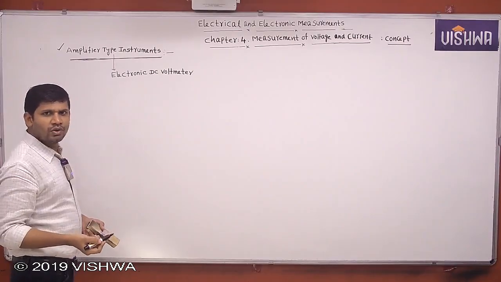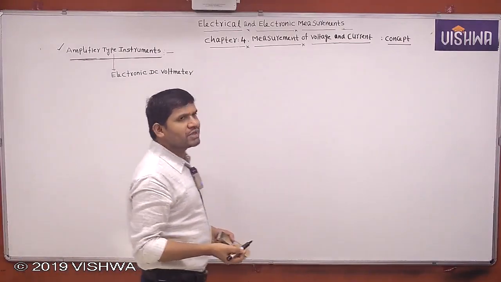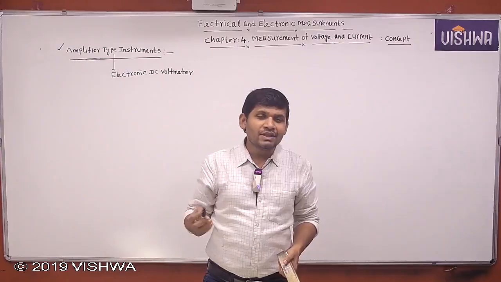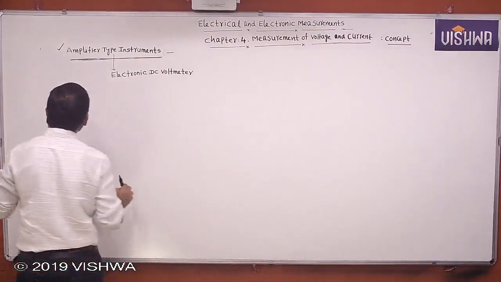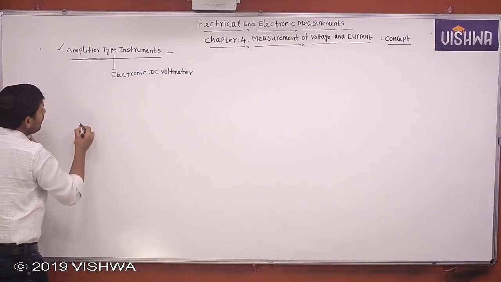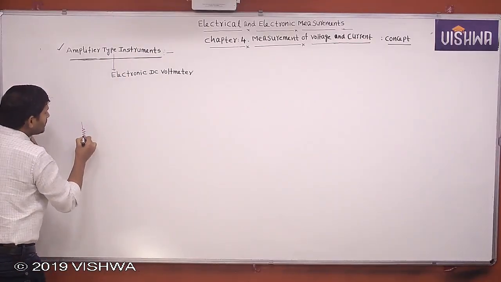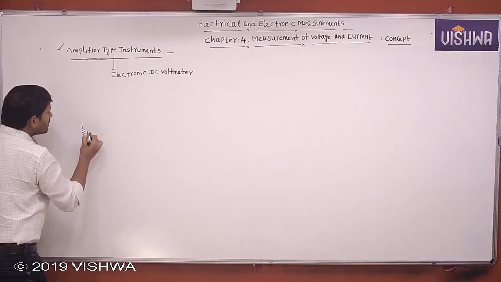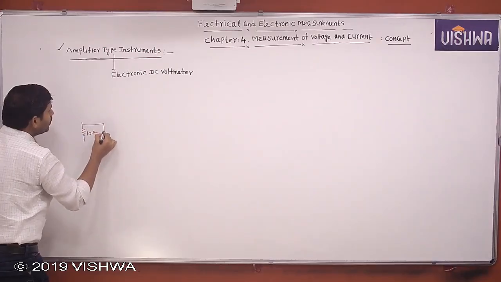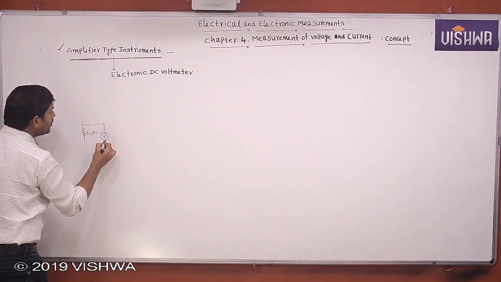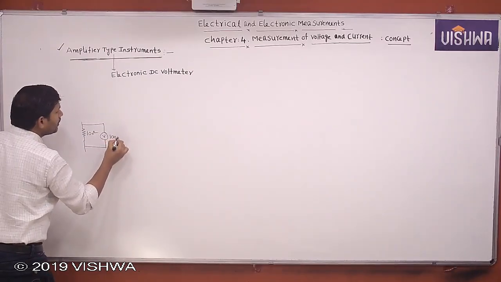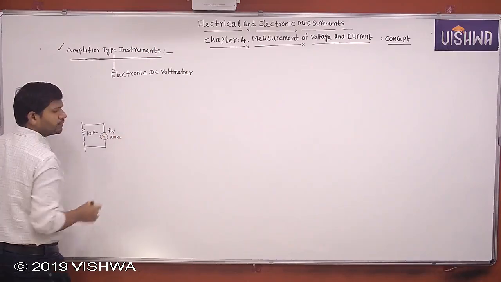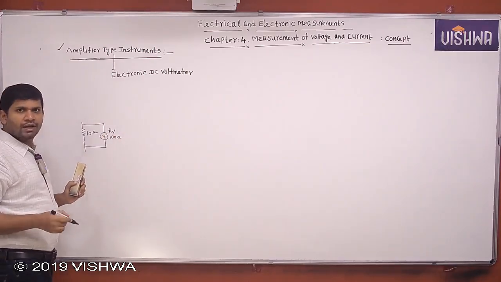No doubt, PMMC is a high sensitivity and more accurate instrument. But the problem with PMMC is this: for example, I want to measure the voltage across a 10 ohm resistor. I told already, to reduce the loading effect, the minimum input resistance of the voltmeter must be 10 times, that is RV must be 10 RL.